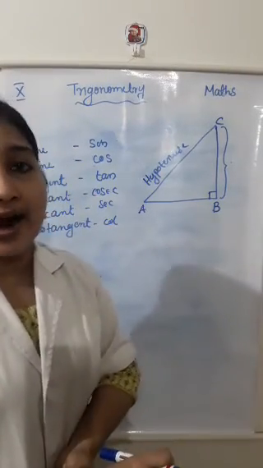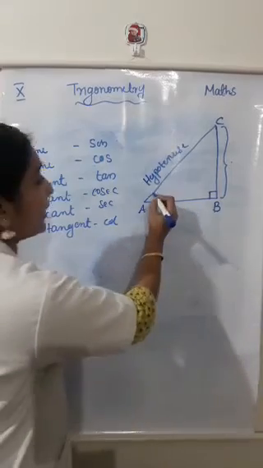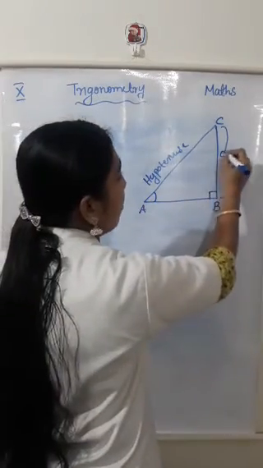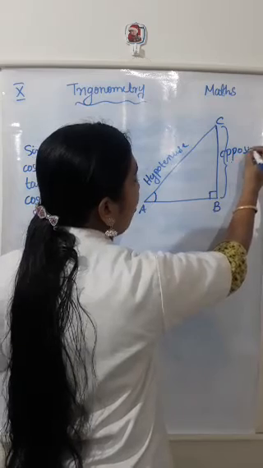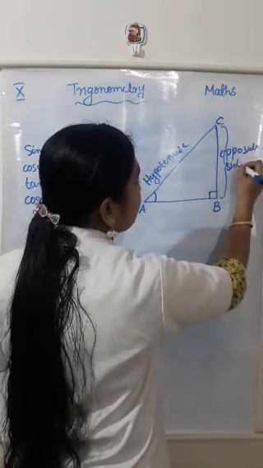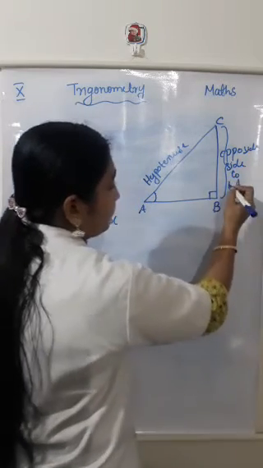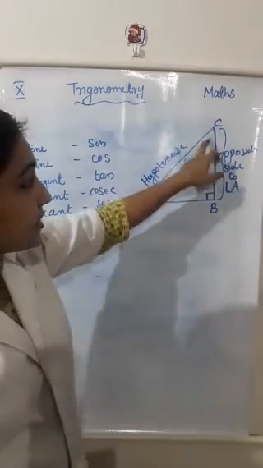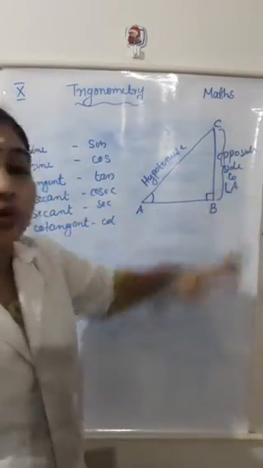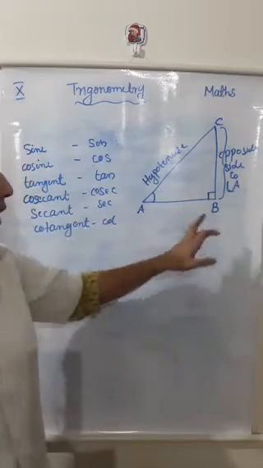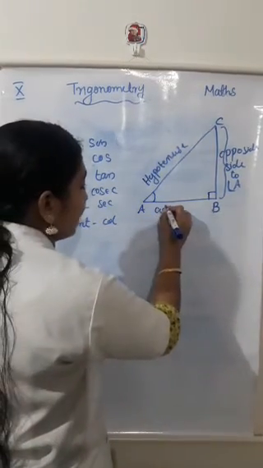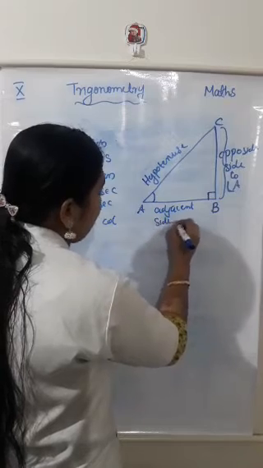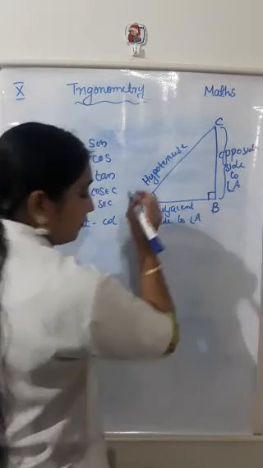Based on angle A, BC is the opposite side to angle A, and AB is the adjacent side to angle A.